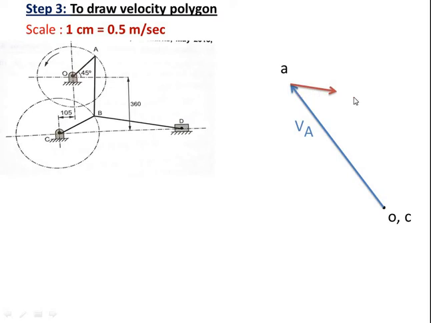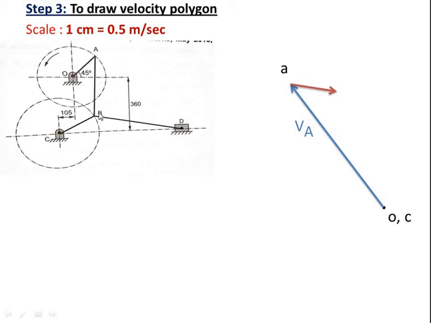But if it is not possible for you to locate the direction of the velocity vector of any link, just draw a line. It is not required that you know what the direction should be. Just draw a line and keep it as it is. Whenever the points intersect, that will give you the actual direction. We don't know the magnitude as well, so keep this vector as it is.